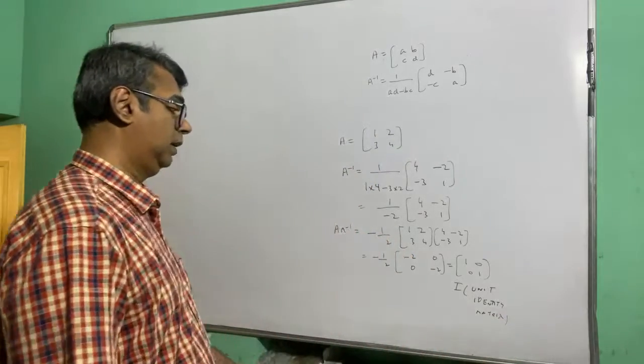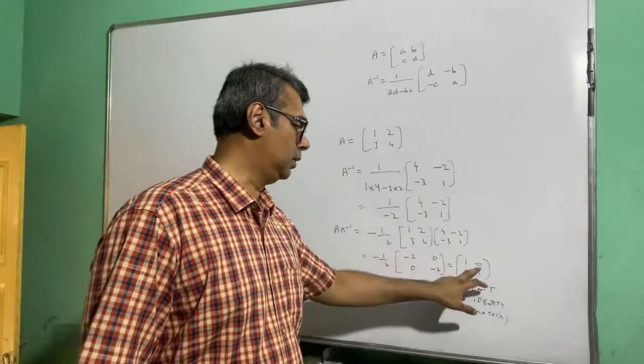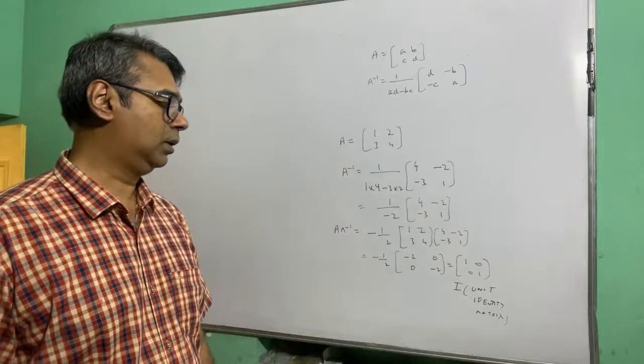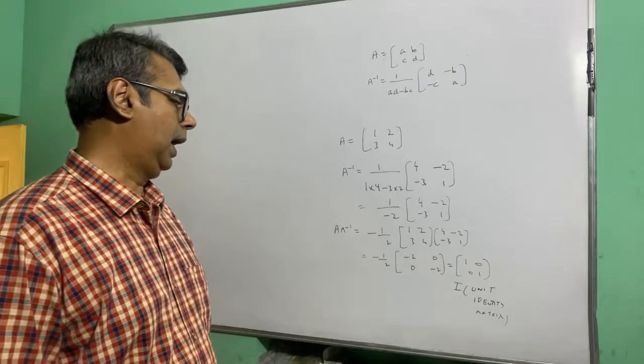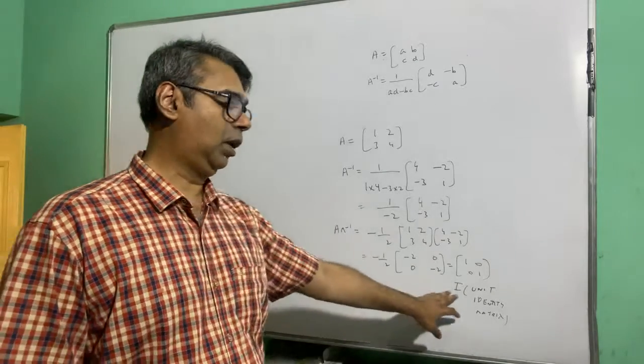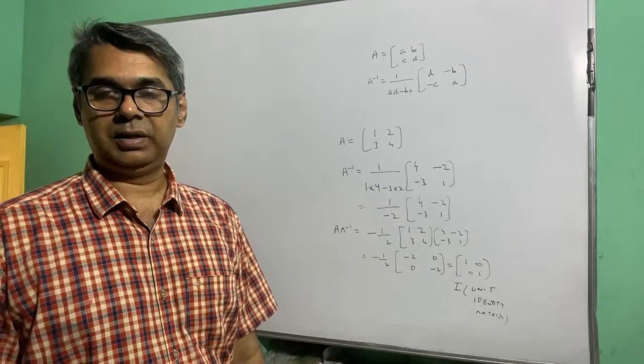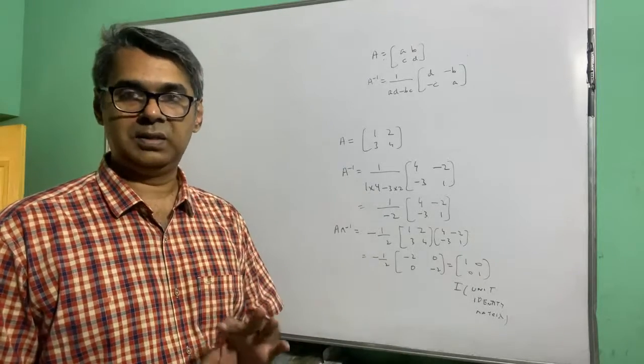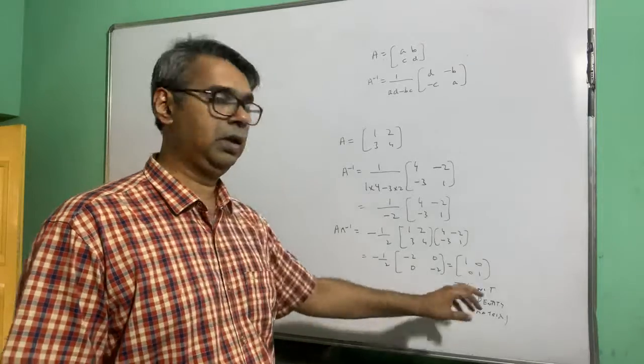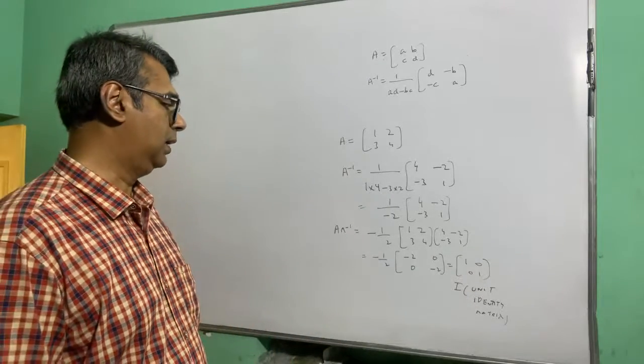Whenever you say 1 0 0 1, it is called the unit or the identity matrix, and A into A inverse will always give unit or identity matrix. It's a rule, always. If you multiply A with A inverse, you will always get the unit or the identity matrix.